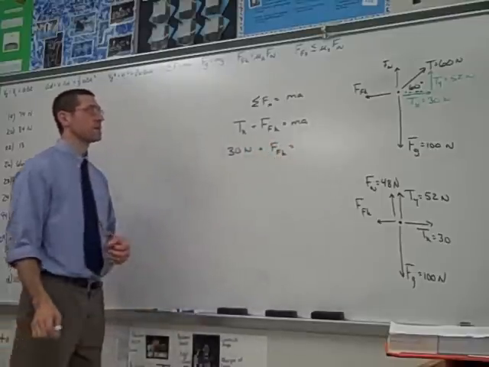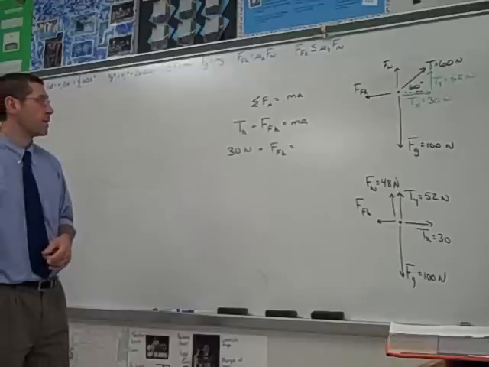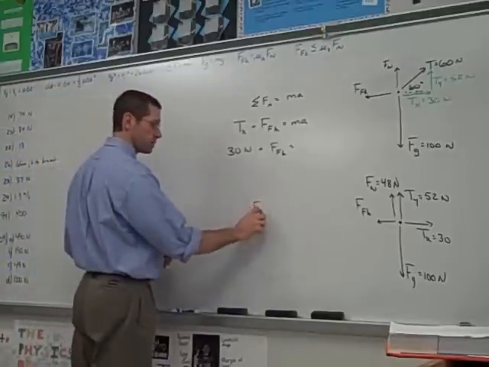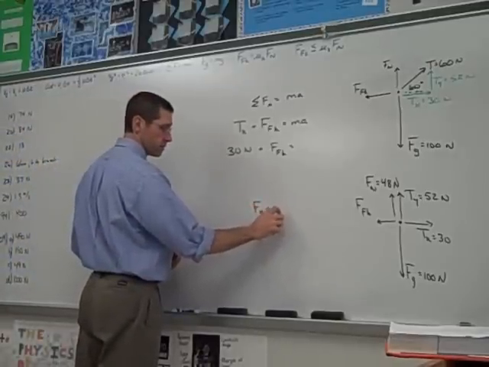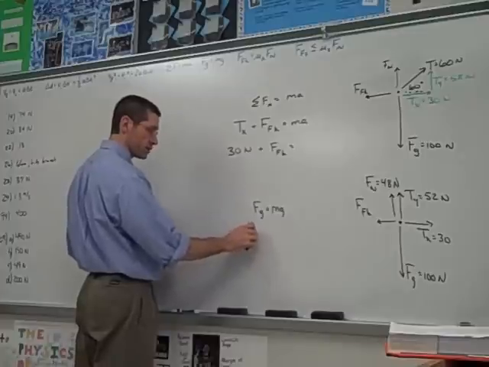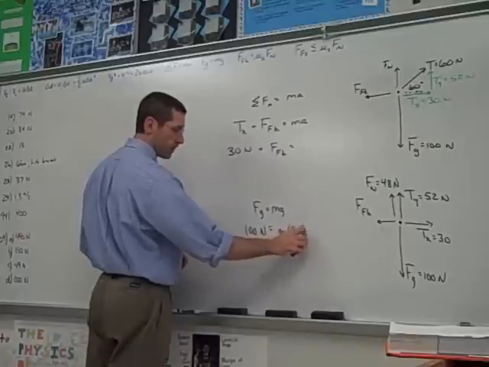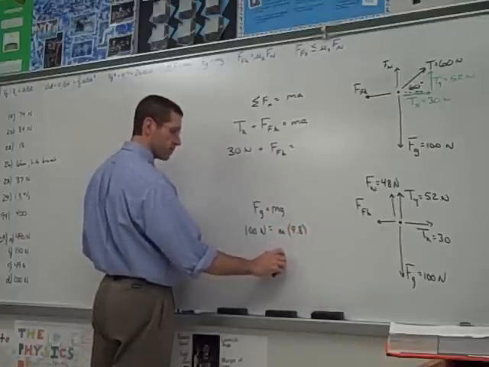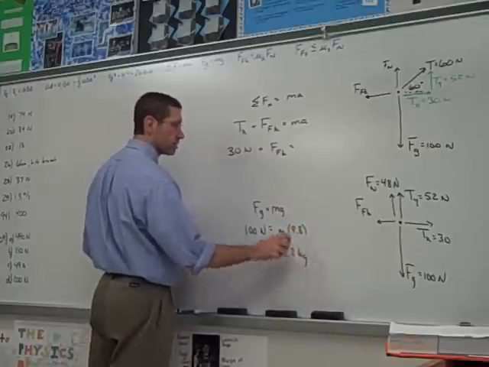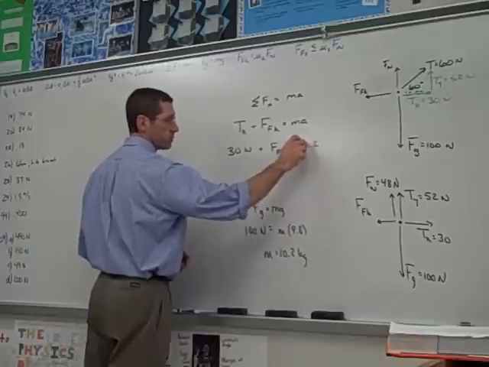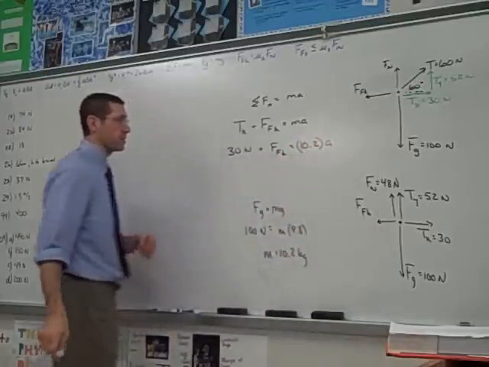The mass is going to be, remember that Fg is mg, and we're told that the weight is 100 newtons. So you're going to do your mass times 9.8, and then you get your mass is 10.2 kilograms. So that's your mass, 10.2, and then we want to find a ultimately.